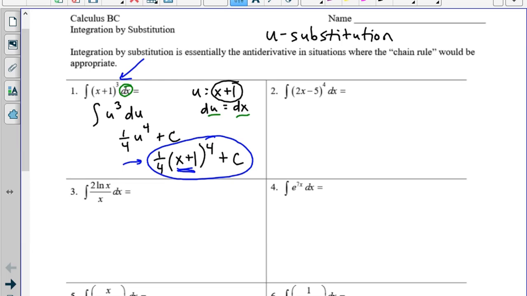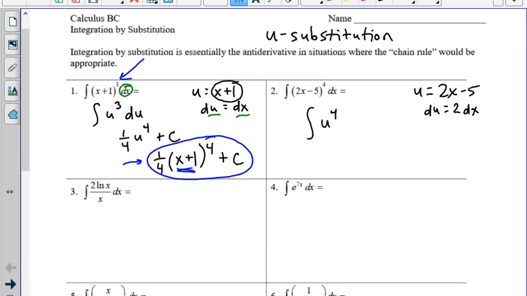So in problem 2, a good choice for u would be 2x minus 5. So I'm going to integrate u to the 4th. Now I have to make a substitution for dx too. So du equals 2 dx. Notice that the derivative of negative 5 is 0.